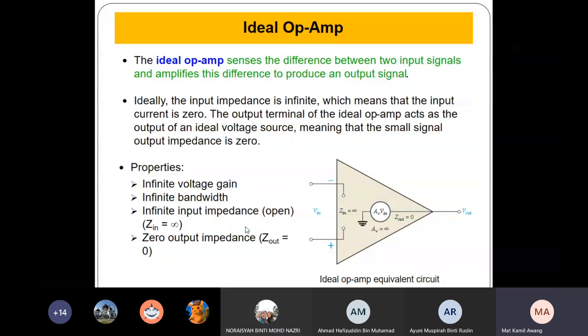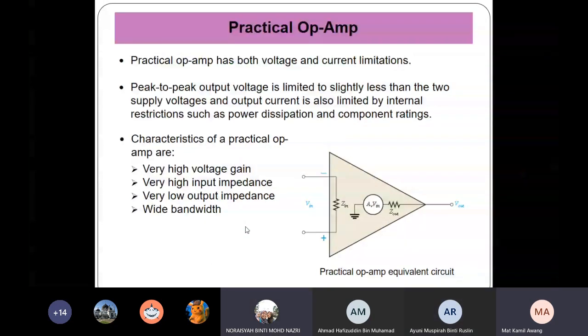Okay. Now, this is the practical op-amp. The practical op-amp has both voltage and current limitations. The peak-to-peak output voltage is limited to slightly less than the two supply voltages.